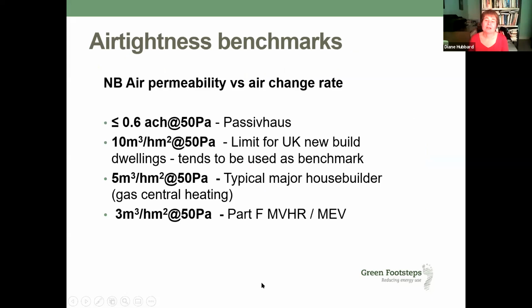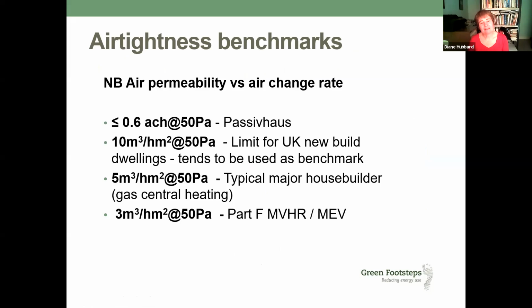Great. Okay. So what I'm going to talk about now is give you a better idea of benchmarks, because it's quite an abstract concept really. Trying to get a feel for what we're talking about when we're talking about air tightness levels.